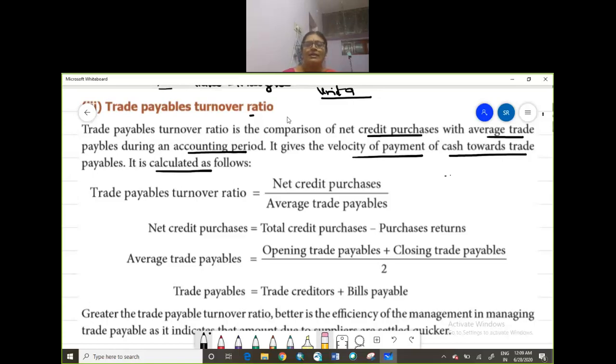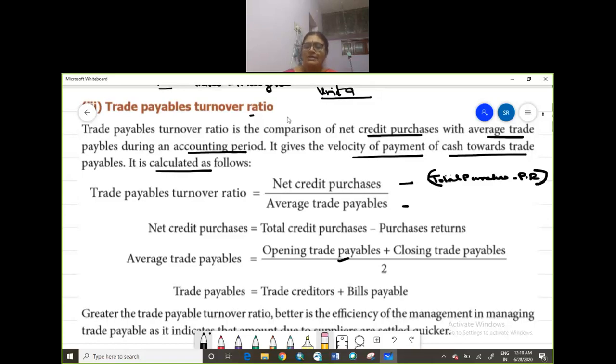So it is calculated as follows. What is the formula? Net credit purchase. How do you calculate net credit purchase? Net credit purchase is nothing but total purchase minus purchase return. That is your net credit purchase, divided by average trade payables. You know how to calculate the average: opening trade payables plus closing trade payables, divided by 2.